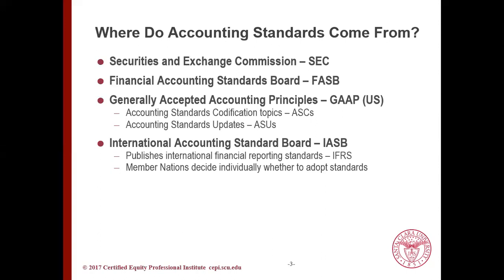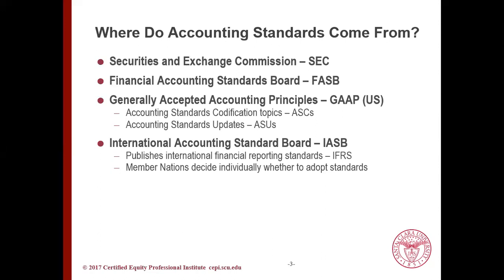One thing to understand about the IASB is that they don't actually have any authority to impose accounting standards on anybody. They're made up of member countries, and the member countries have a representative on the IASB, and then together the IASB will come up with a standard. But before that standard applies to anyone, it has to be adopted in each country.